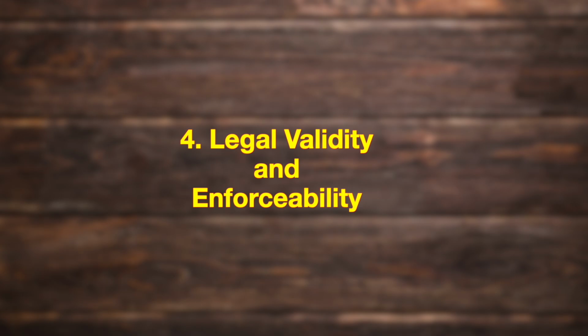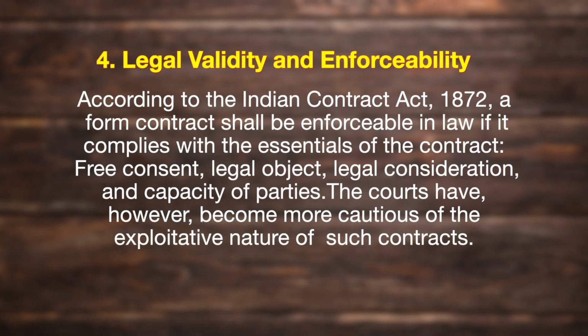The fourth is legal validity and enforceability. According to the Indian Contract Act 1872, a form contract shall be enforceable in law if it complies with the essentials of the contract, that is, free consent, legal object, legal consideration, and capacity of parties.